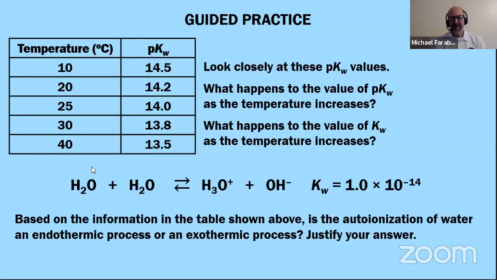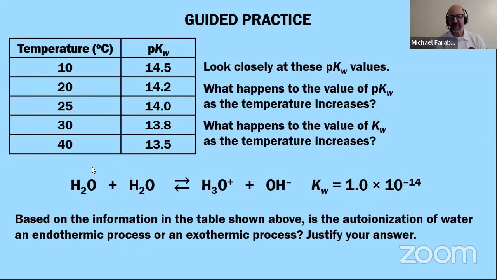Now, what happens as you go from top to bottom in this table is the temperature is increasing. Look at what happens to the value of pKw as the temperature increases. And what happens to the value of Kw as the temperature increases. So be careful that you have to realize that 10 to the minus 13 is a larger number than 10 to the minus 14.